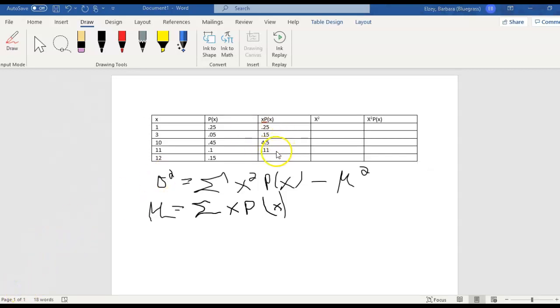I'm sorry, it's 1.1. I misplaced my decimal. Here we go. And then 12 times 0.15 is going to give us 1.8.